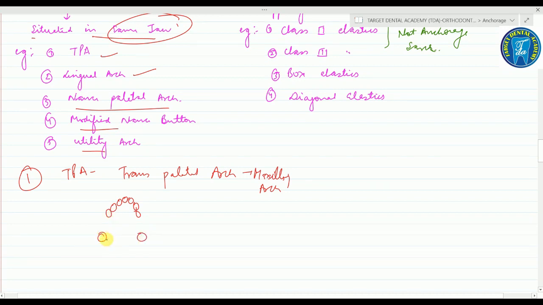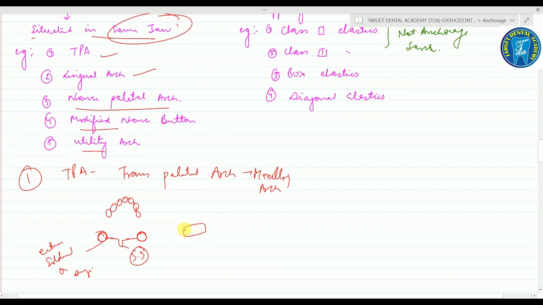The TPA is made up of stainless steel wire and it is cemented onto the molar. Either it is soldered or it engages in the lingual sheath.